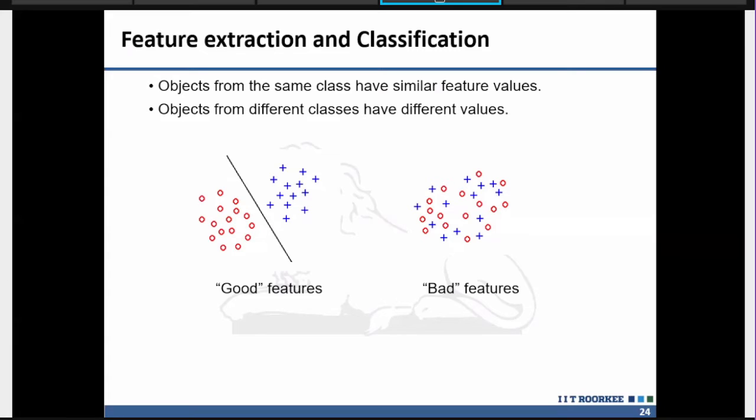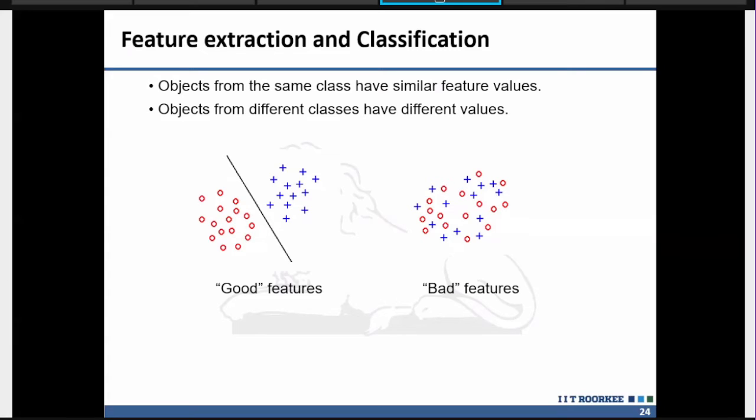Say face recognition, or object recognition: is it a car or a human? We collect the image or data, and then extract some features. For example, in a human you will have features like head, body, legs, and so on. Then we do classification.